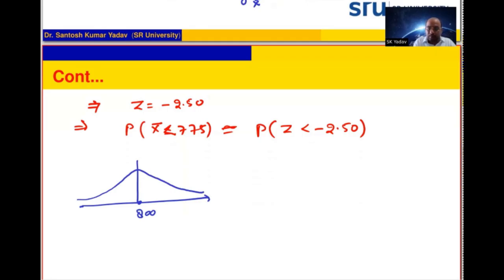Z is less than minus 2.50, so it will be on the left side somewhere here. So this is Z equal to minus 2.50, and the area we want is less than this. So this particular area I have to find out.